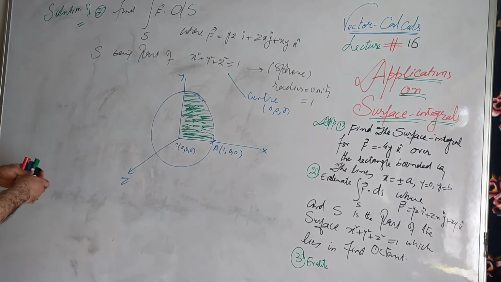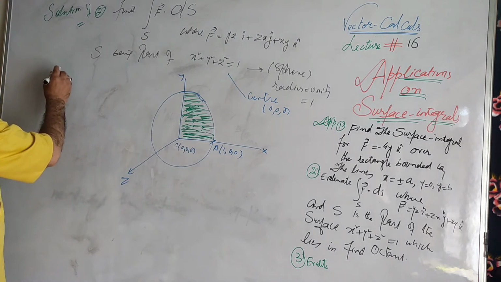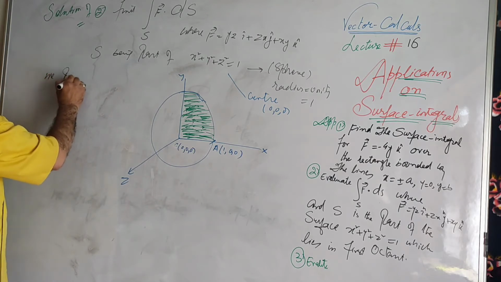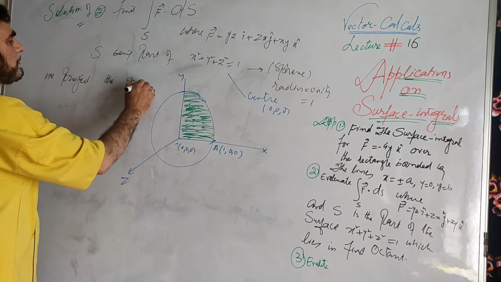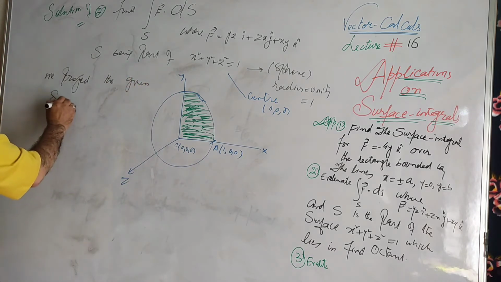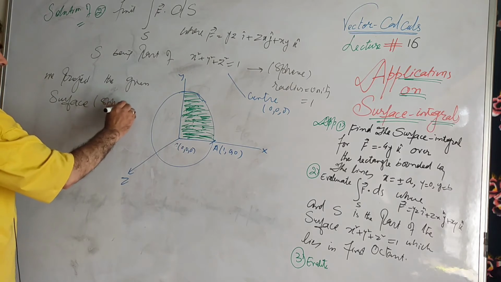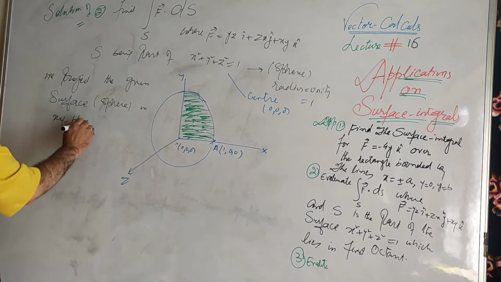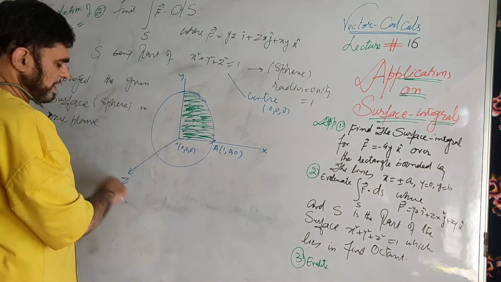You see how we proceed. We project the given surface, which is our sphere, in the xy plane. I have given the name x-axis, y-axis, z-axis.